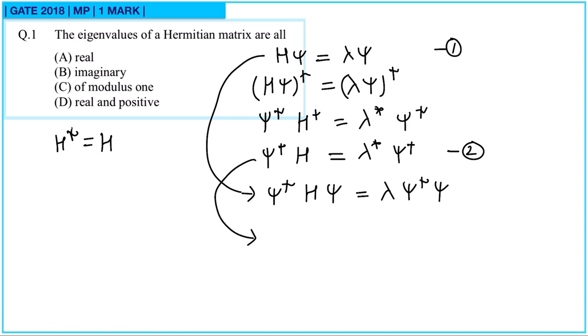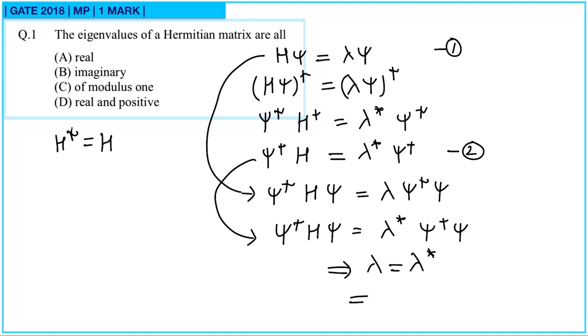And from this equation let us multiply on the right hand side by psi. So psi dagger H psi is equal to lambda star into psi dagger psi. Now the left hand sides are the same, that means the right hand side should also be the same. That means lambda is equal to lambda star. So that means lambda is real. Its complex conjugate and that lambda is the same, so lambda is real. So option A is correct.